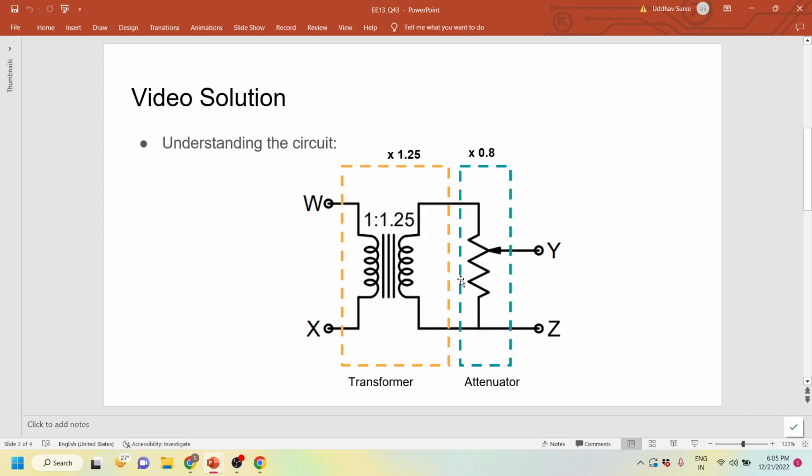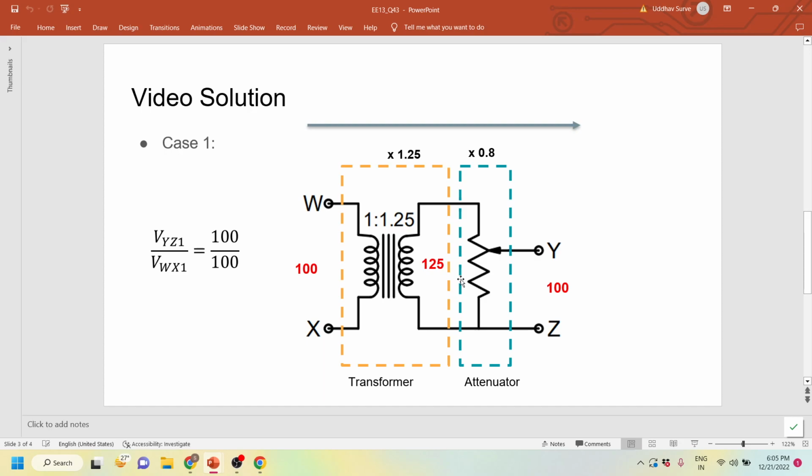Now, during case 1, as we are moving from right to left, let us assume we give 100 volts. The intermediate voltage just after the transformer will be 125 by this factor, and after the attenuator, multiplying 125 by 0.8, it will be 100.